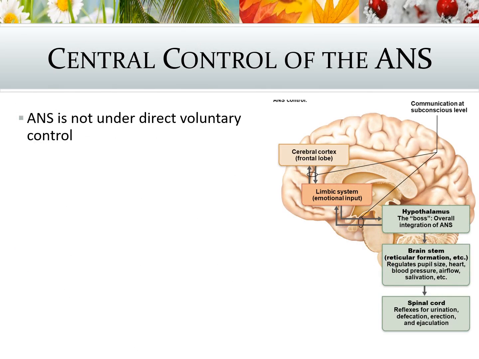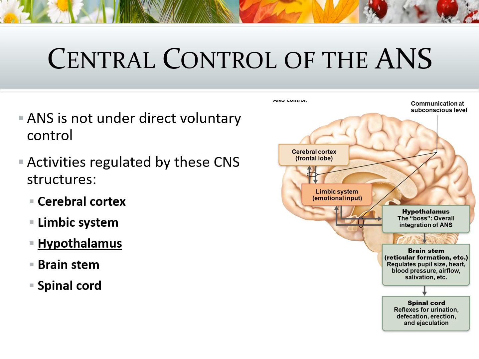So now let's talk a little bit about the central nervous system and its control over the autonomic nervous system. We don't have direct voluntary control, but the central nervous system does control the autonomic nervous system. When we talked about the cerebral cortex, we really said that it's the house of our conscious brain, right?